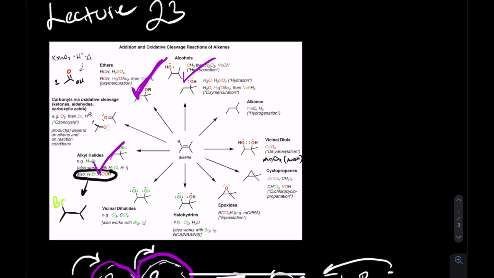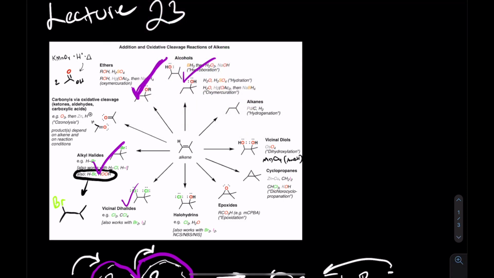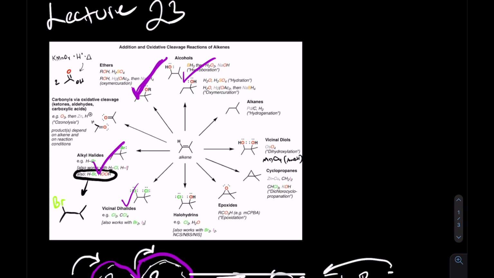So in these two instances over here, what you have are the vicinal dihalides explained, but what this chart doesn't necessarily do, in fact, it doesn't show any stereochemistry. In real life, those would be anti to each other.